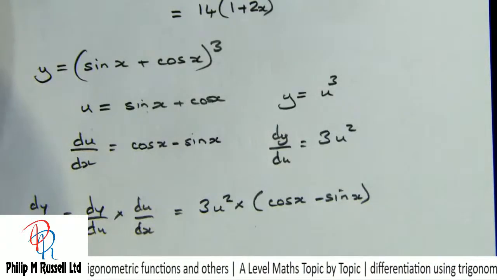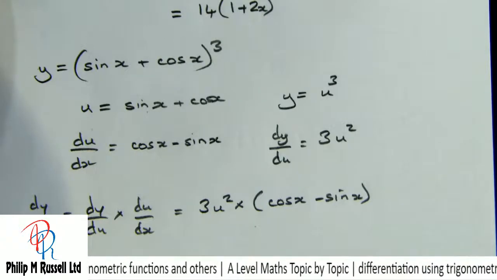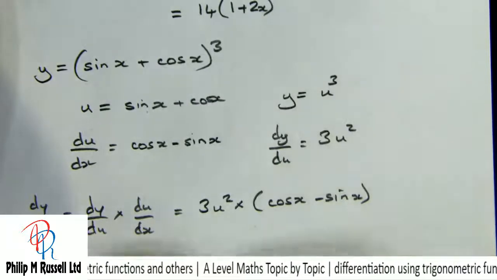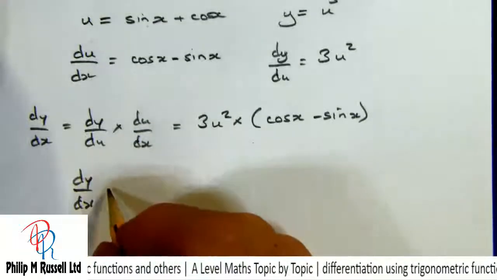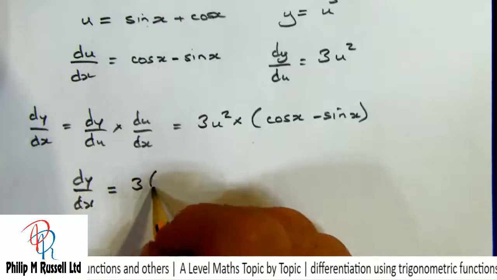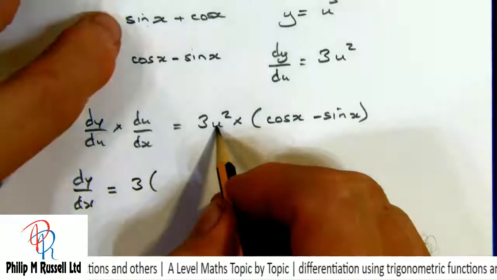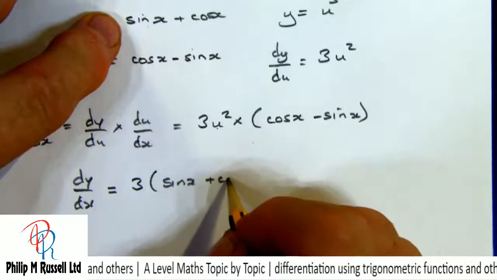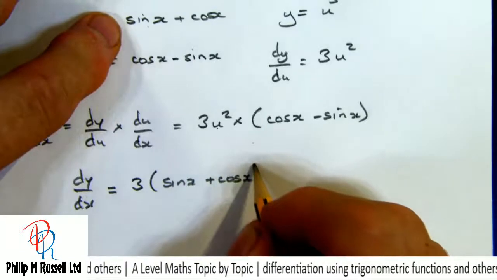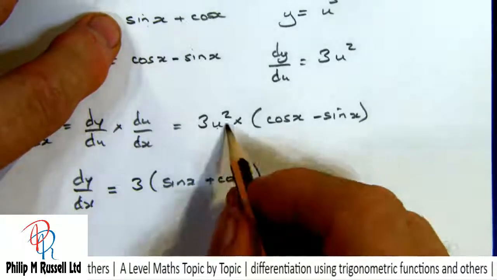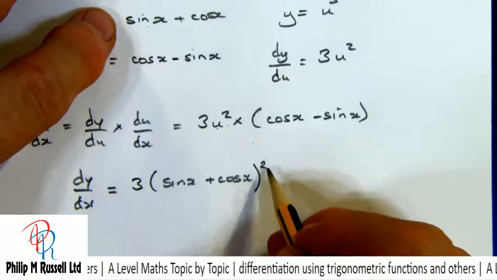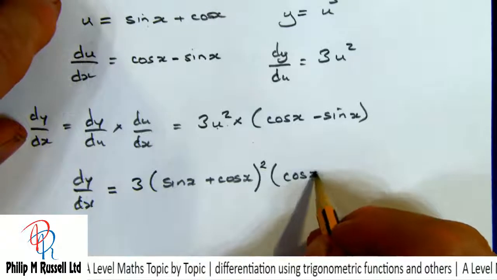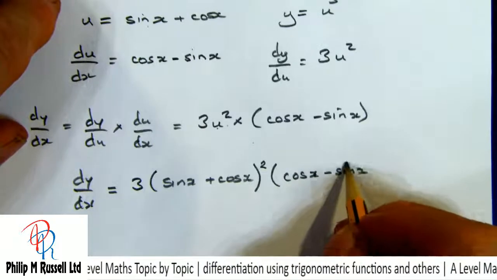Let's put these in, and we've got dy by dx equal to 3 times u, and u was sine x plus cos x, here squared, times cos x minus sine x.